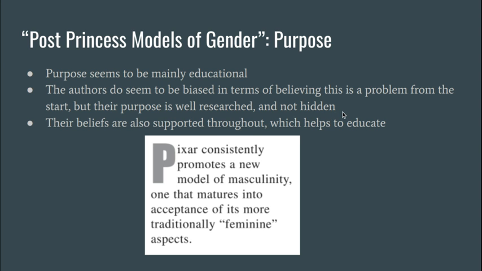It's clear from the beginning that they believe this is a problem, and they're happy that Pixar is starting to challenge some of those gender roles. Their beliefs are supported with evidence throughout, so that's a good thing. And it does help for those beliefs to try to educate. So I'm looking carefully at the purpose as I'm reading. And this, again, is just a screenshot of the article where they kind of make their purpose known.